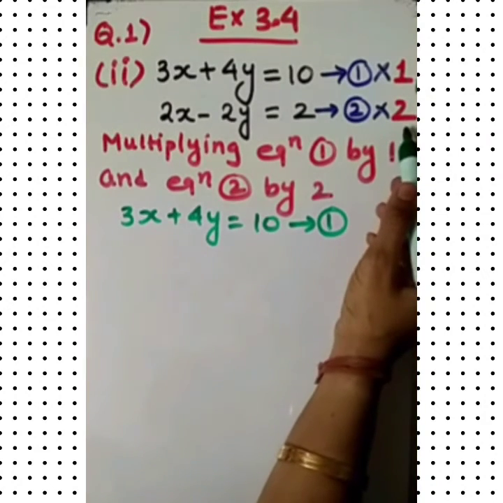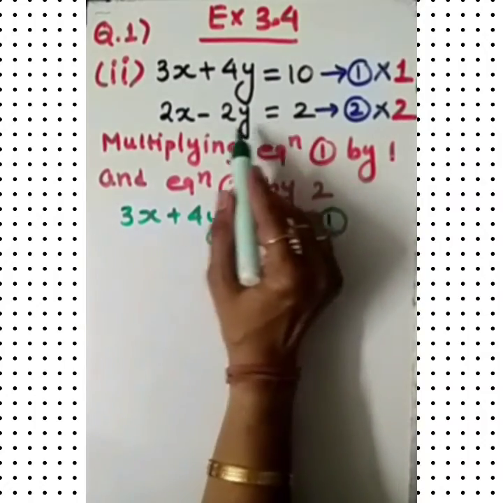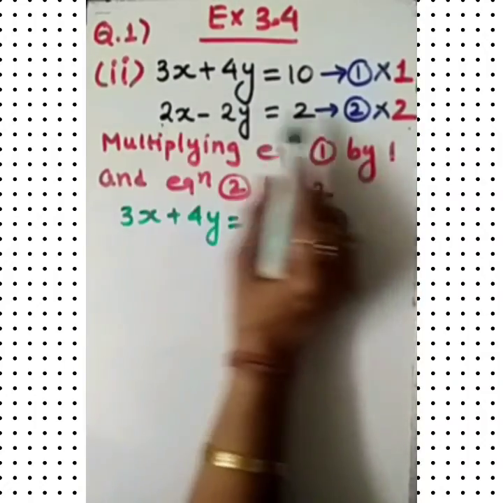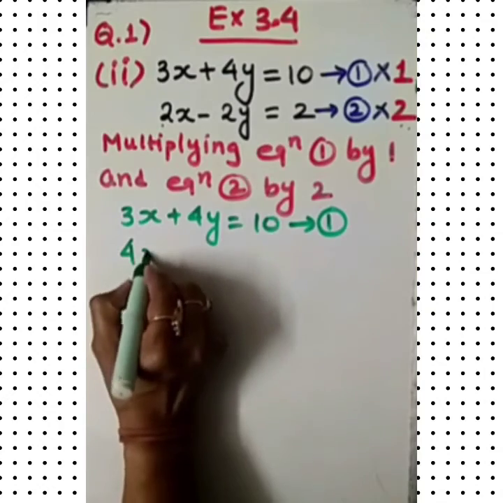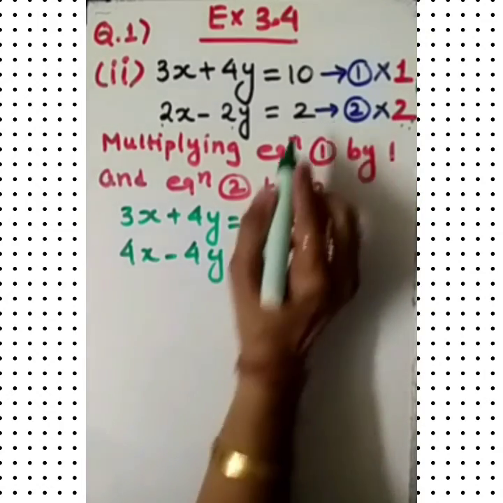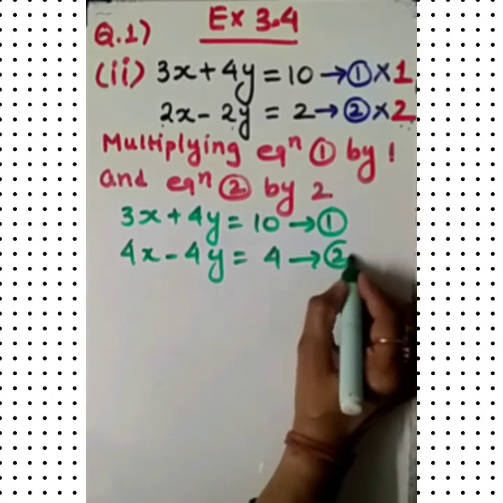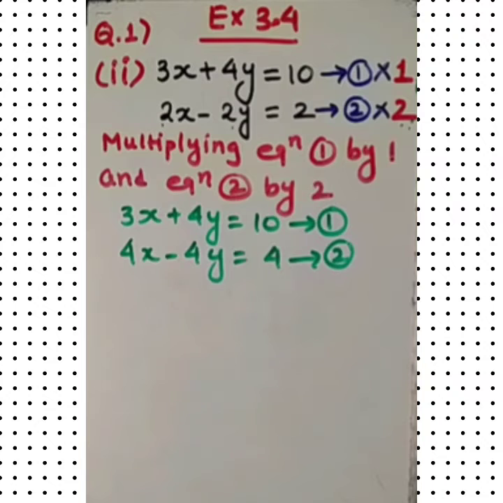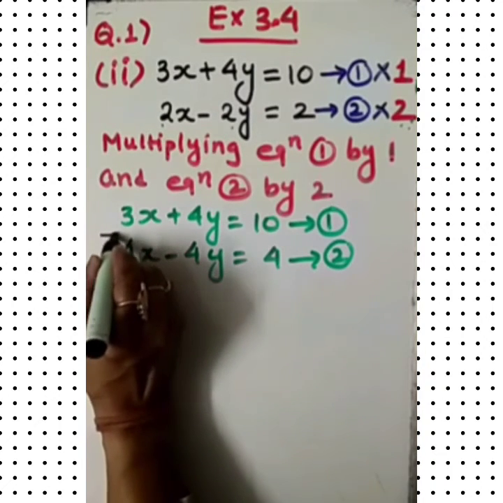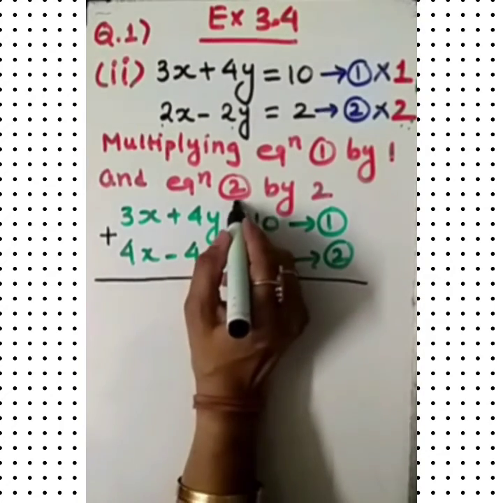This equation, when we are multiplying by 2, the whole equation we need to multiply, all the terms. So 2 times 2 is 4x, 2 times 2 is 4y, 2 times 2 is 4. Let's say this is equation number 2. Clear to you?